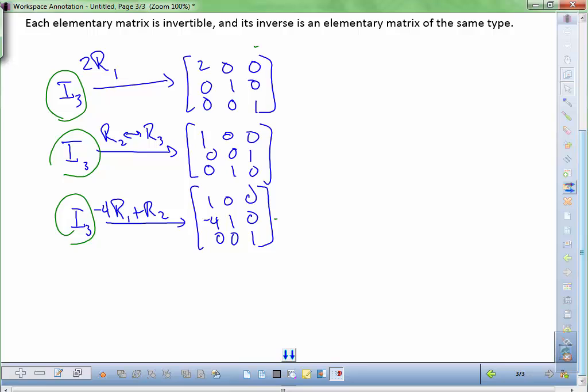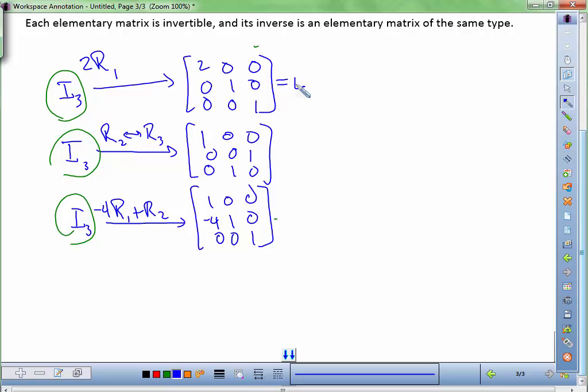And I'm interested in finding the inverse of these things. So let's name these matrices. Let's call this E1, E2, and E3. So I'm interested in finding out E1 inverse.